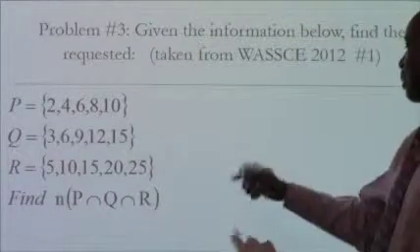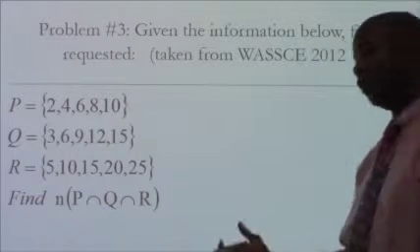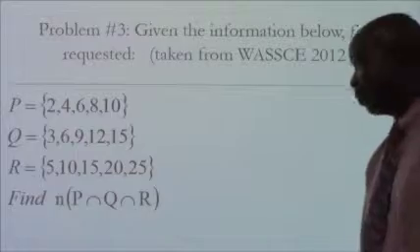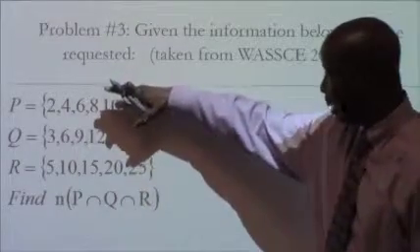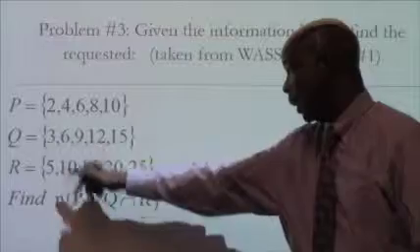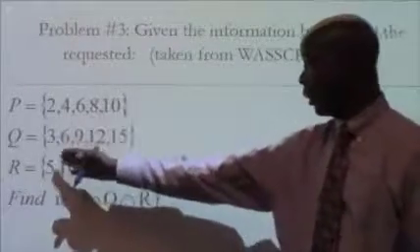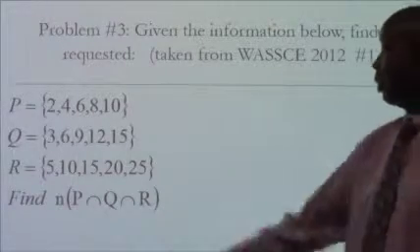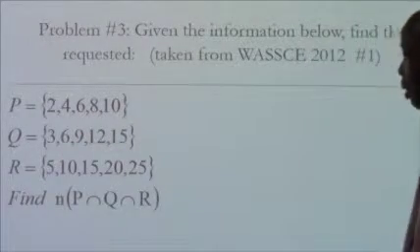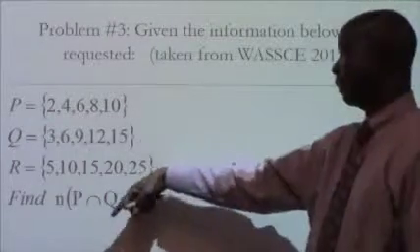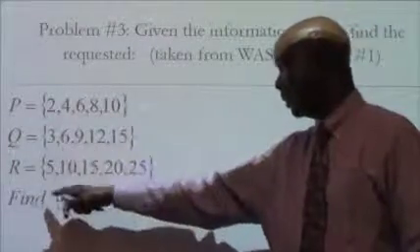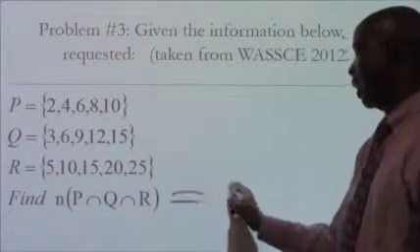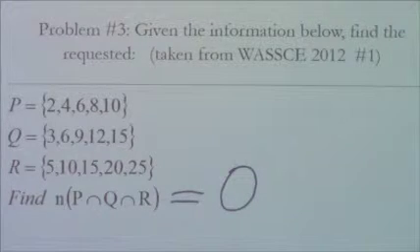These will be the elements that are in P, in Q, and also in R. Now, if we look carefully here, we don't have any element that is in P, Q, and R. So 2 is here, it is not down there. 3, we have 3 in Q, but it's not in P or R. The next number is what? 4. We don't see any out of these 2 sets down here. Then we take 6. We see 6 here, but it's not down here. 5. So actually, the number of elements in P intersect Q intersect R will be what? 0.